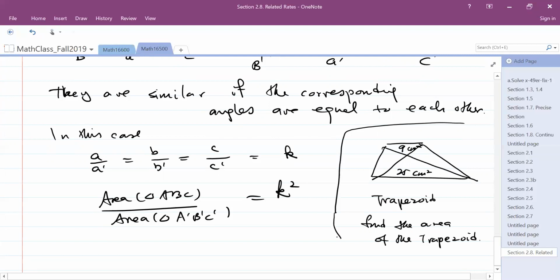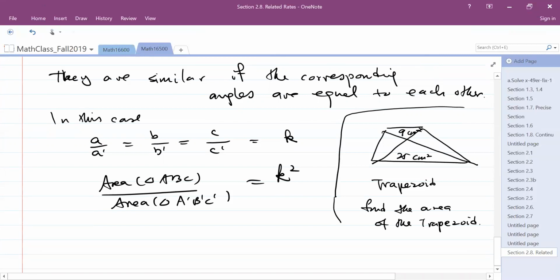If you can do this problem, that means you are a master of the geometry of similar triangles. Understand, right? The trapezoid crosses two lines, and for the top triangle and the bottom triangle, you know the areas, 9 square centimeters and 25 square centimeters.